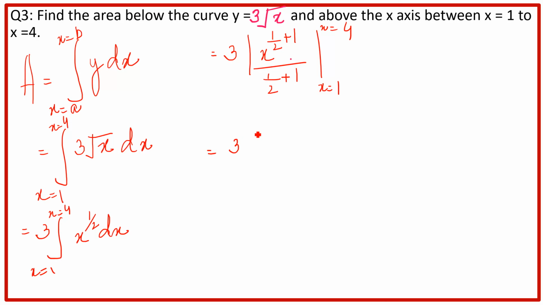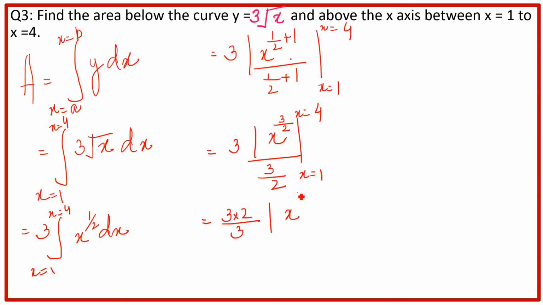So here we will simplify it. See, these are fractions. When we add these fractions, it will be x raised to power 3 over 2 divided by 3 over 2, with limit x is equal to 1 to x is equal to 4. And this one we can write as 3 multiplied by 2, which will be 6 over 3, and here we have x raised to power 3 over 2.